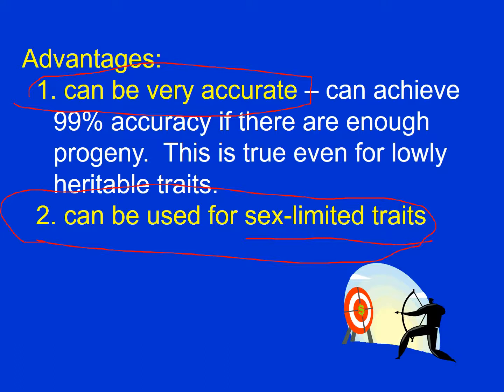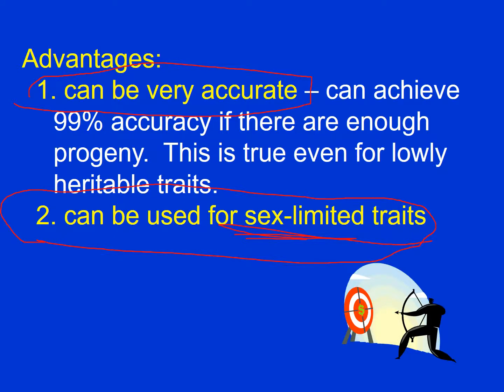Only the females have litters to count. So basically we can progeny test those males, see how their female offspring produce, and then select our males for further propagation based upon how the females produce for those sex-limited traits.